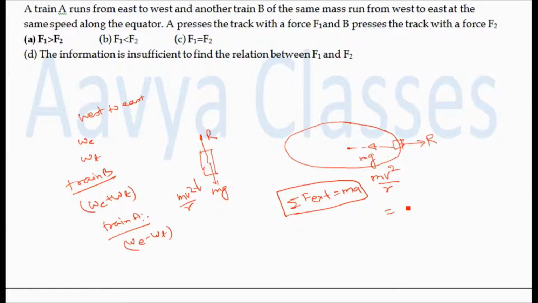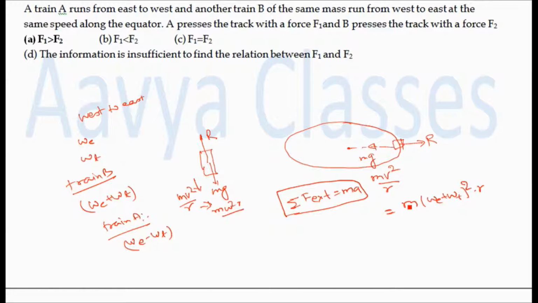So for train B, we have the force equal to m omega e plus omega t whole square into r. As we know, this centripetal force will be mv square by r, which may also be written as m omega square r.